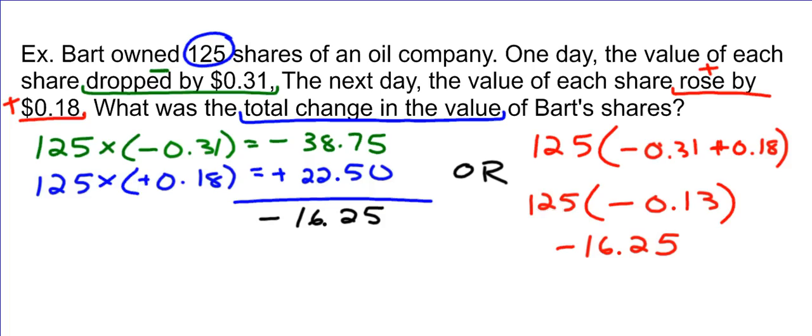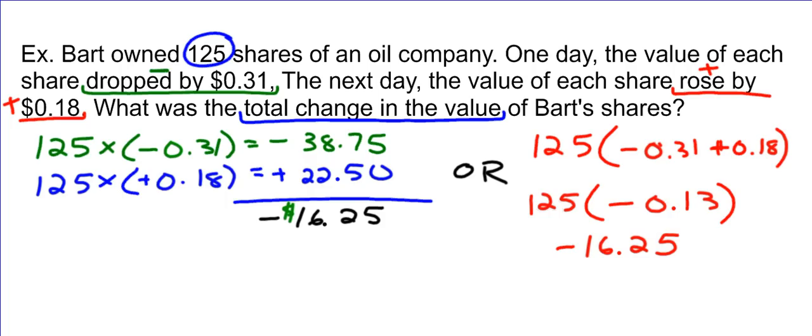Because he lost more the first day, when we combine those two values, negative 38.75 plus 22.50, we get negative 16.25. So over the course of the 2 days, he lost $16.25. Because we're talking about money, make sure you have a dollar sign in your solution.